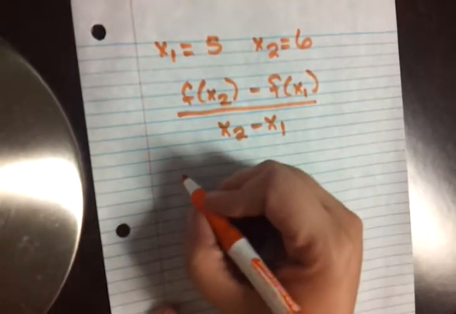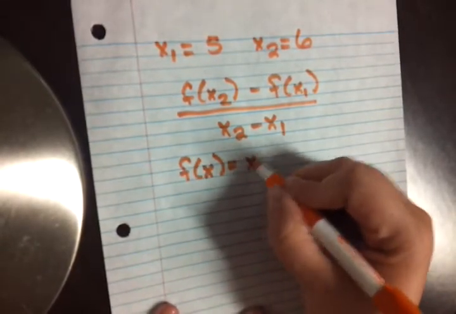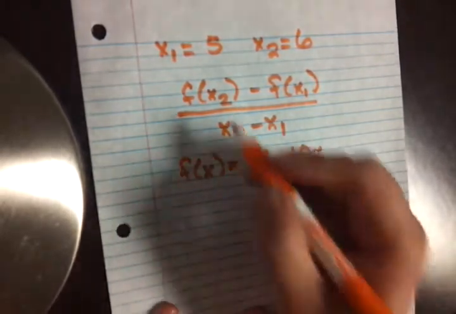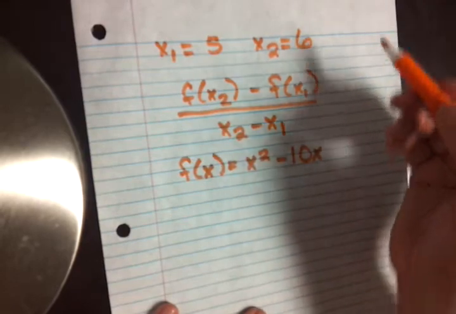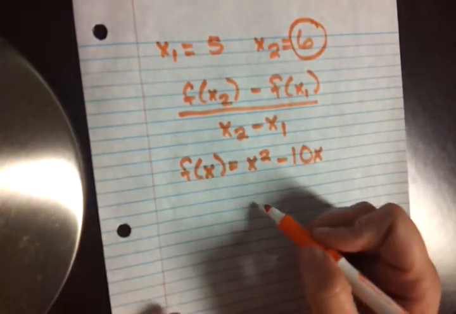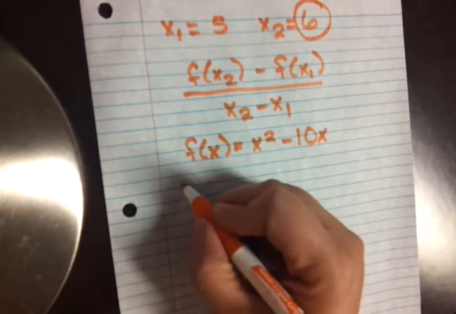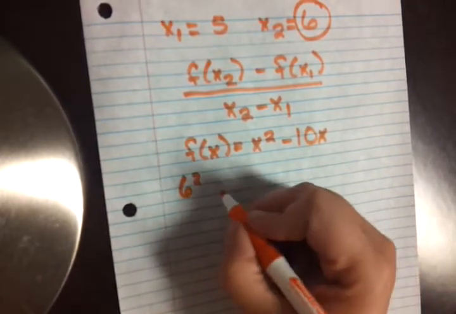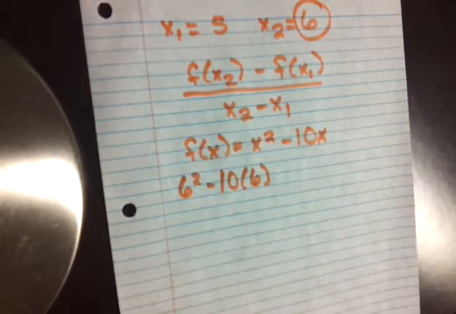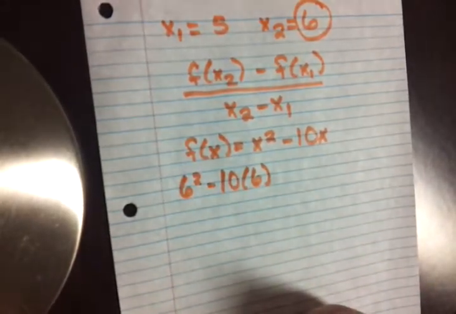We said that the original f of x was f of x equals x squared minus 10x. So for f of x2, we just need to plug in whatever we have for x2. In this case, it's this 6 here. We need to plug in that 6 for wherever we see an x. So f of x2 is going to be 6 squared minus 10 times 6. That seems pretty simple. I just plugged in 6 everywhere there was an x in my f of x.